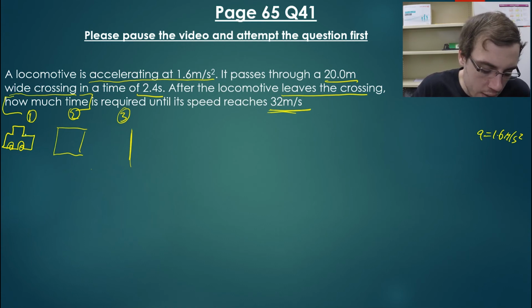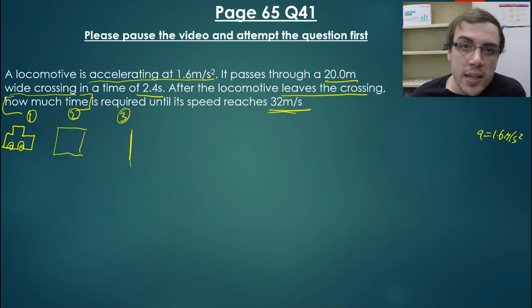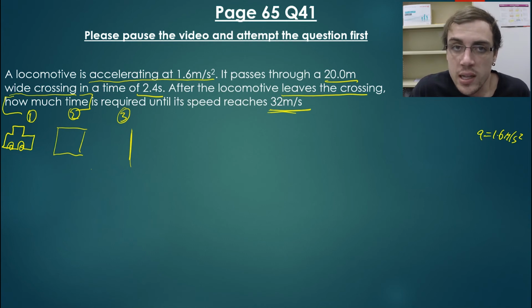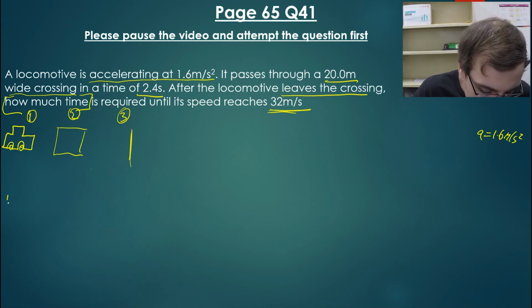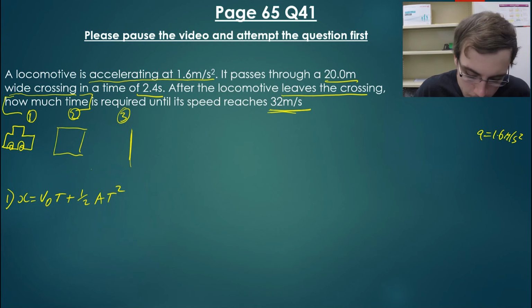So we need to look at how fast this car was going in the beginning, because it didn't say at rest. We need to calculate how fast the car was going initially. To do that, we look at the change in overall displacement using acceleration. That formula is x equals v0t plus 1/2 at squared.